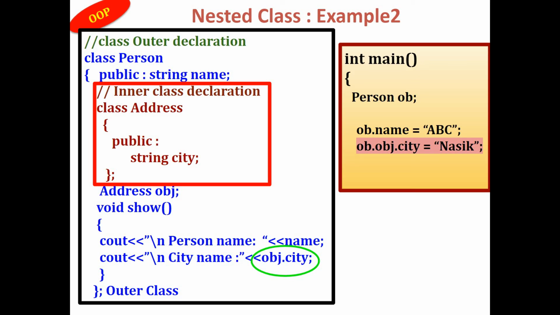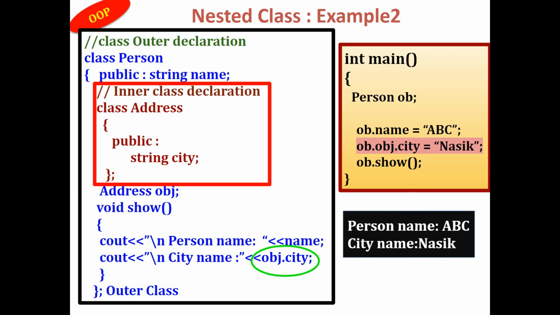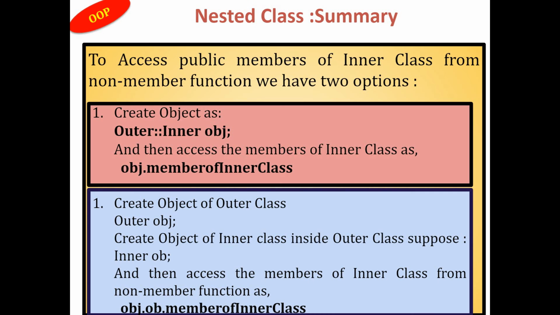City is a member of the address class, obj is an object of the address class created inside the class person, and ob is an object of the person class. So you can access it in this way, and the show function is directly a function of the person class. That is why we have written ob.show. So accordingly the output is being given.